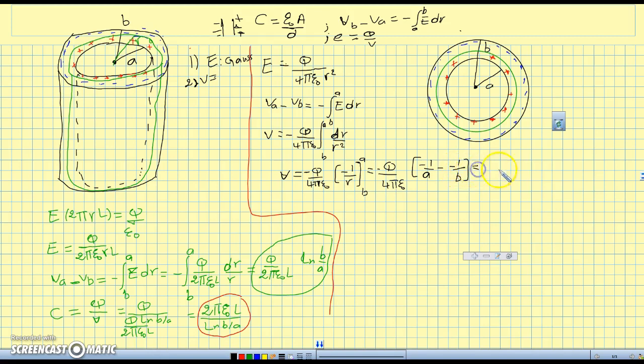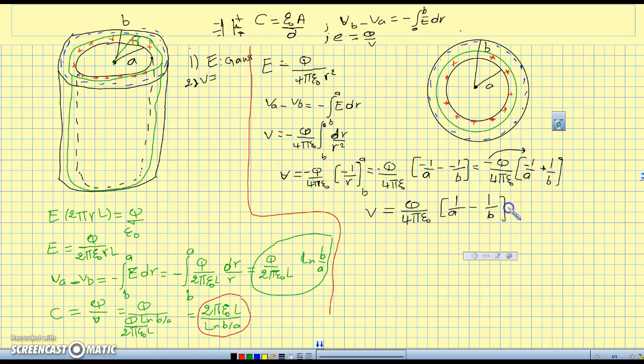Now this is minus Q over 4 pi epsilon 0, and then I have minus 1 over A plus 1 over B. Now I can put this minus inside and change, so the voltage V is Q over 4 pi epsilon 0, and then I have 1 over A minus 1 over B. Can you see the minus become plus and the plus becomes minus?